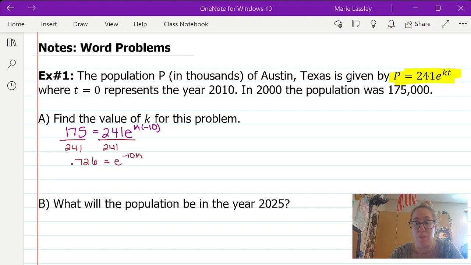For base of e, the inverse is log base e, which is natural log. So we take the natural log of both sides. We have ln of 0.726 equaling negative 10k, and then just divide both sides by negative 10.